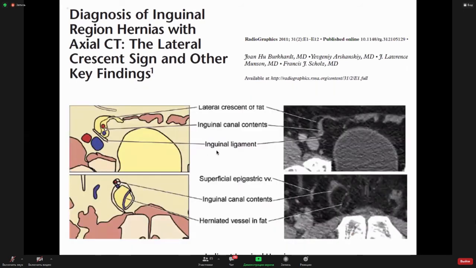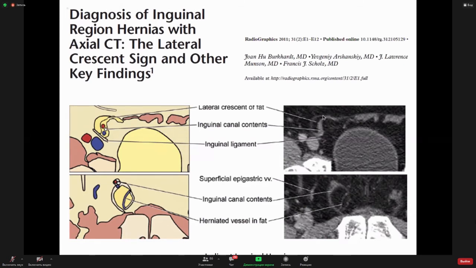So this is what the radiologists call the lateral crescent sign. And let me point it out for you guys. Otherwise, if it's not written down here, I will always show only right inguinal hernias, just for the purpose of standardization. So here, you identify the vessels, you identify the cord and the contents of the inguinal canal, and you can see what they call the crescent sign.